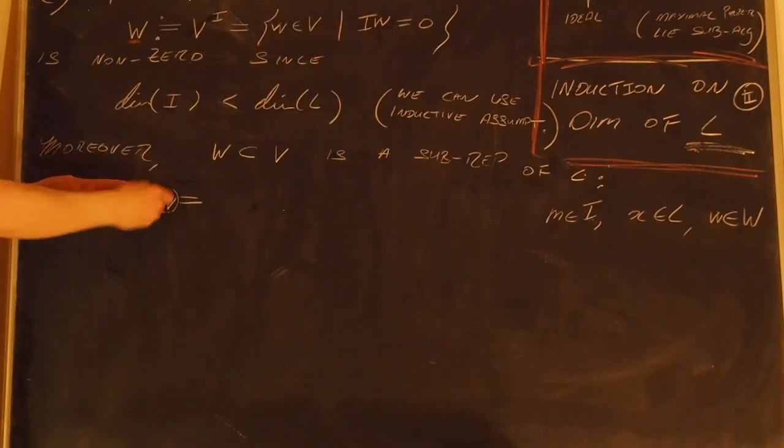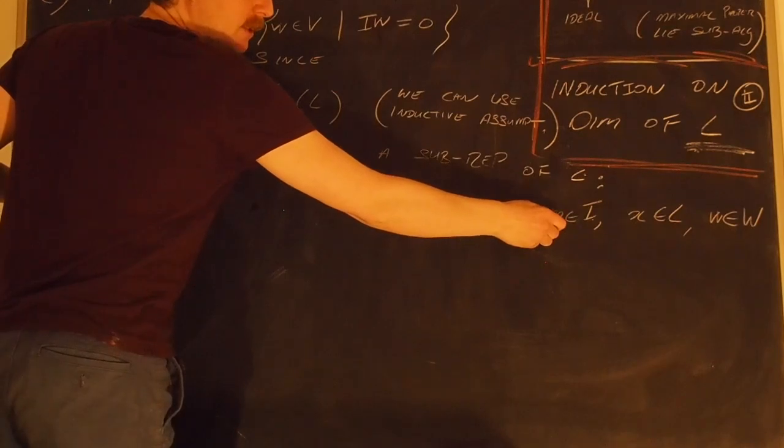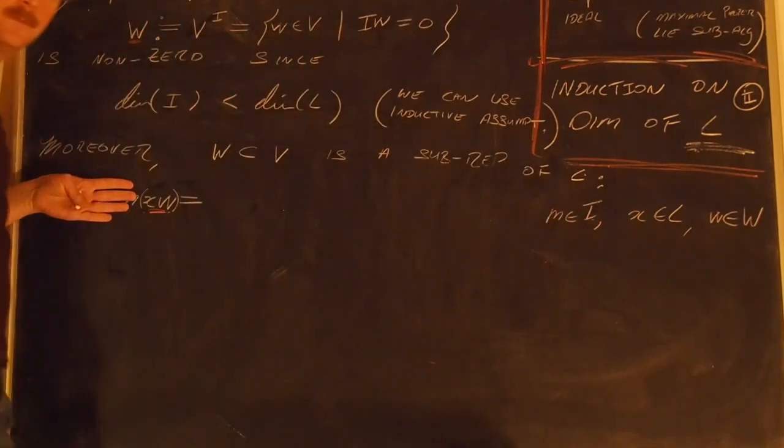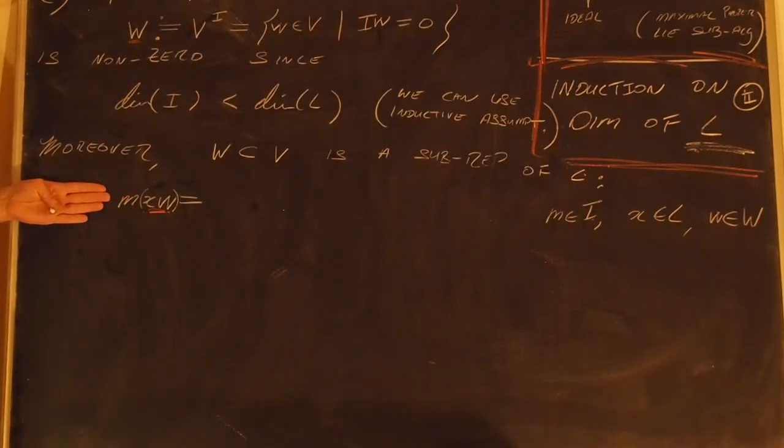So if we want to check that this thing is inside here, all we need to do is check that it's killed by all the I's. So let's take a general element I inside here and let it act.